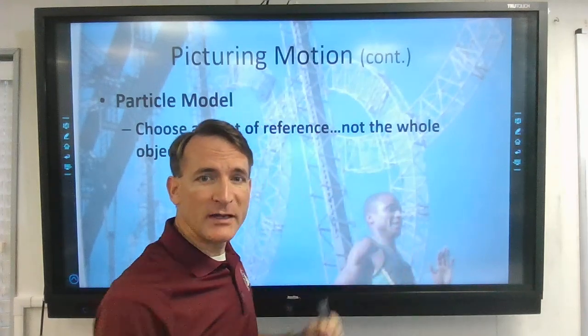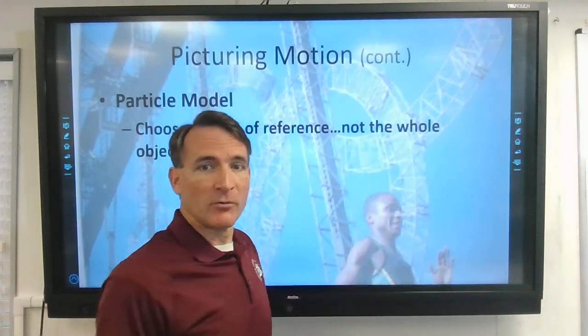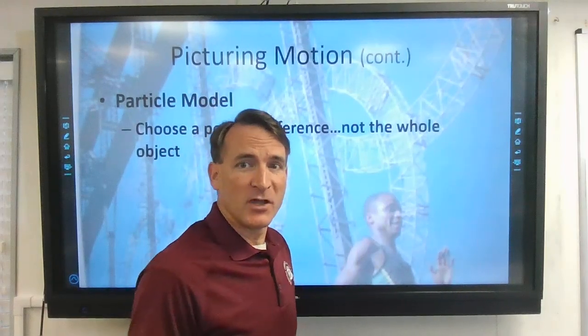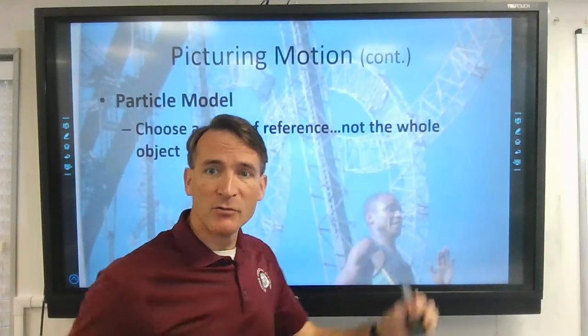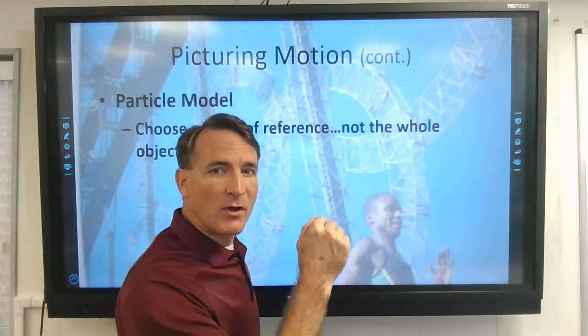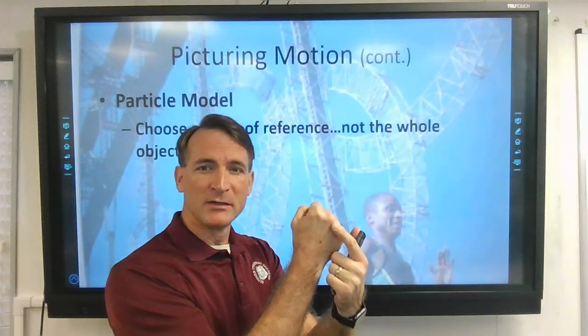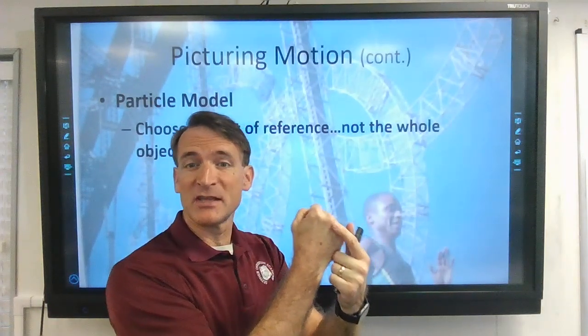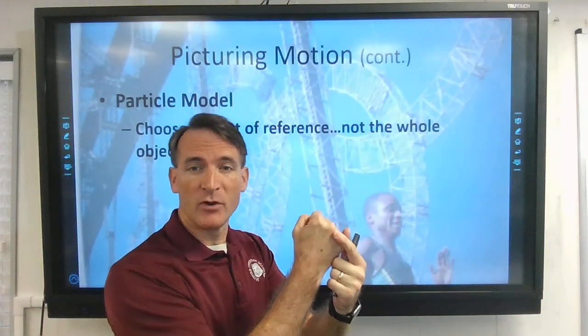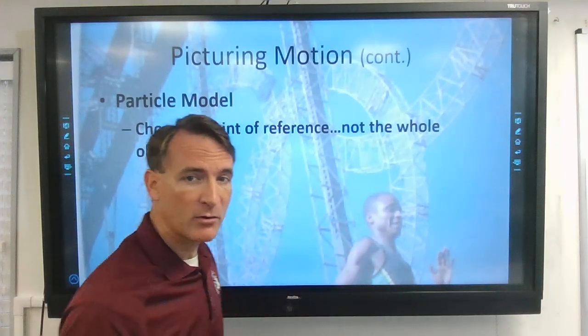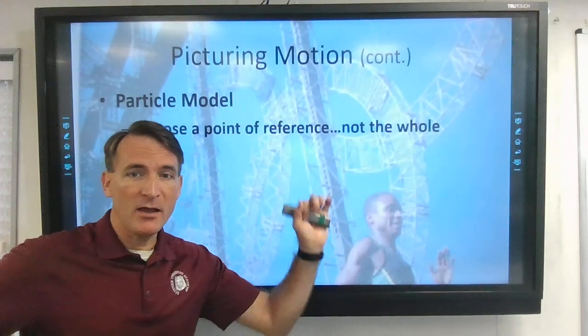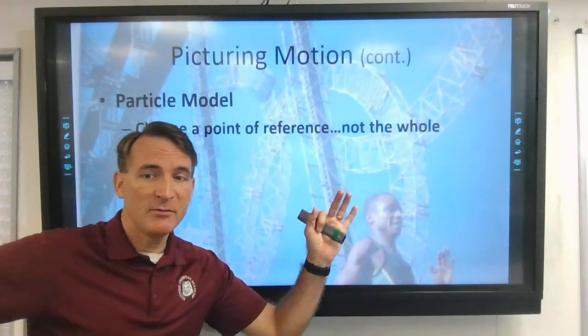And as he's running, we don't normally run with our arms stiff, okay? We run and our arms are moving back and forth. Well, if I pick a point on, say, the hand as my point of reference when I do my particle model, as I'm running right now, my hand is kind of behind me.